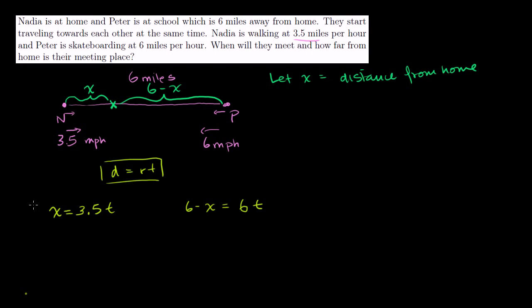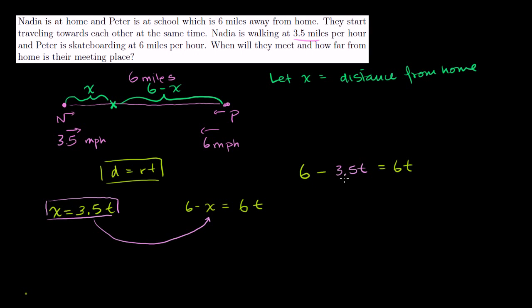We've already solved for x here, so let's substitute this for x. We can rewrite this equation as 6 minus 3.5t, because we know that x is equal to 3.5t, is equal to 6t.